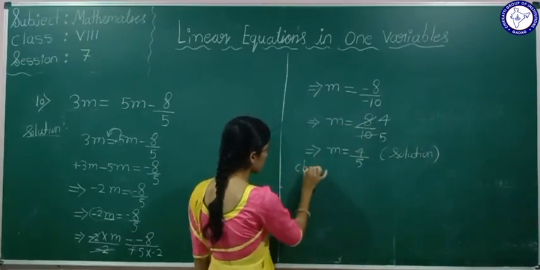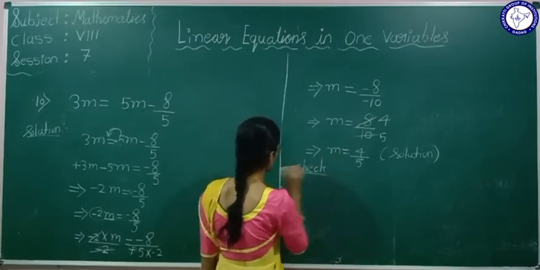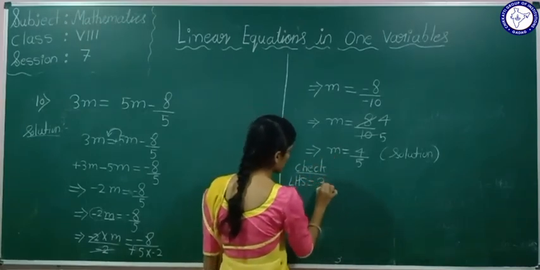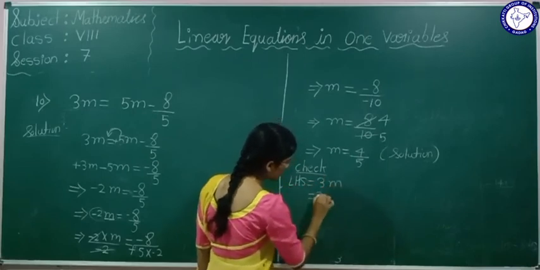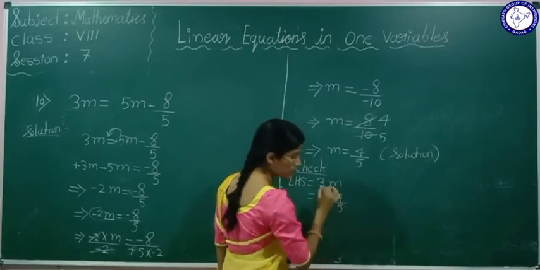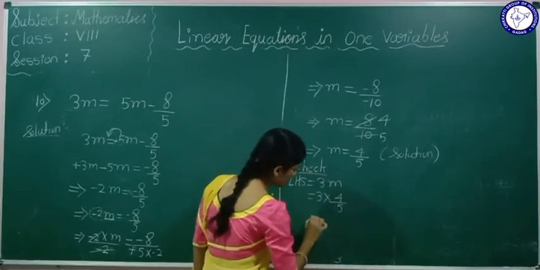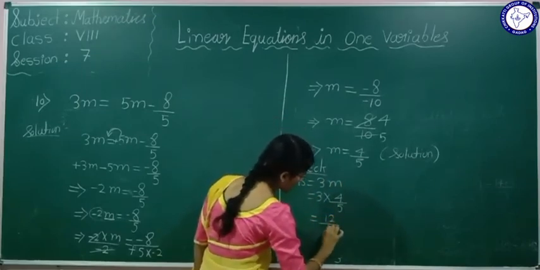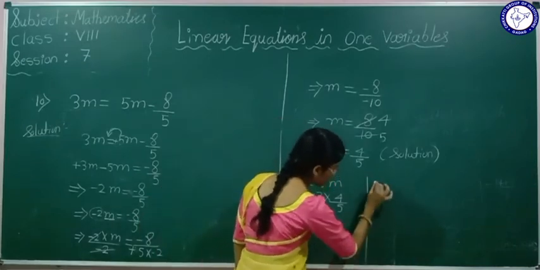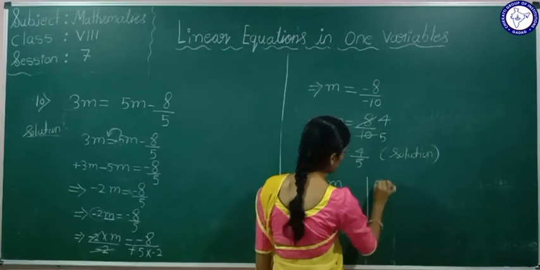Now they told us to check. Say LHS. What is LHS? It is 3m. Okay, 3 multiplied by what is m here? 4 by 5. 3 4s are 12. 12 by 5. LHS we got 12 by 5. Now see for RHS.